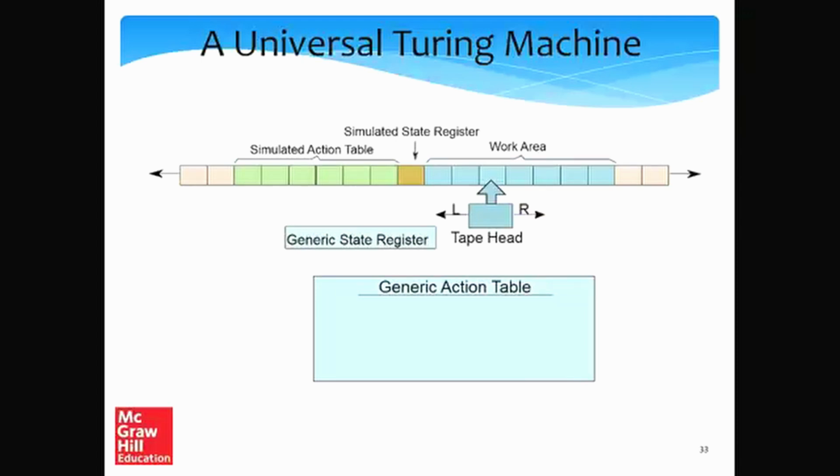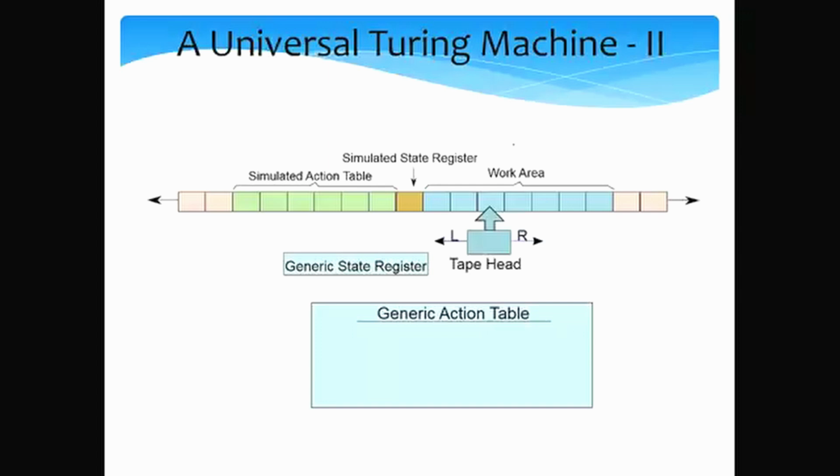It simulates the state register of the Turing machine that it is simulating, so it has the simulated state register. It also simulates the tape of the Turing machine that it is simulating, plus it has its own temporary symbols that it uses. So we can refer to the tape and the temporary symbol area as the work area. This is pretty much how you would design a universal Turing machine, and it is fairly simple to do so.